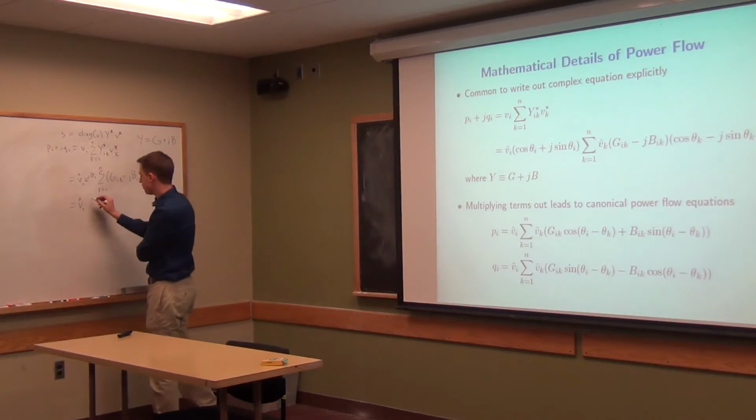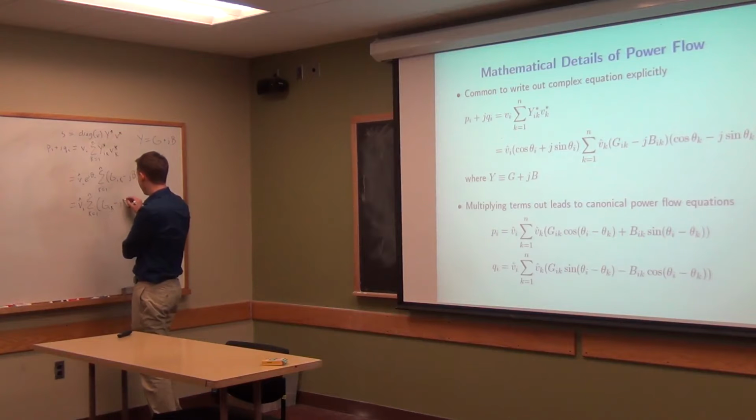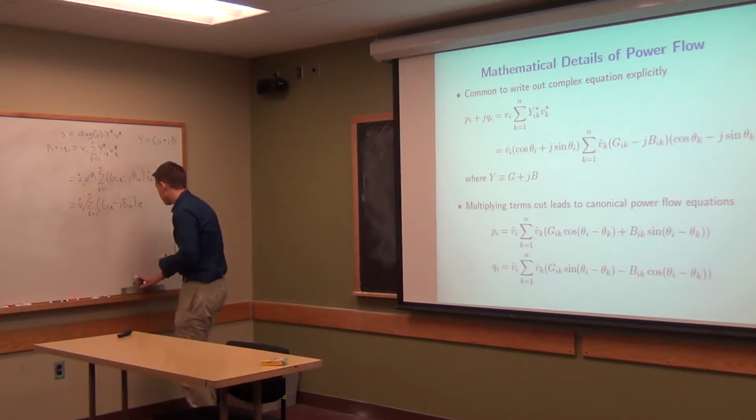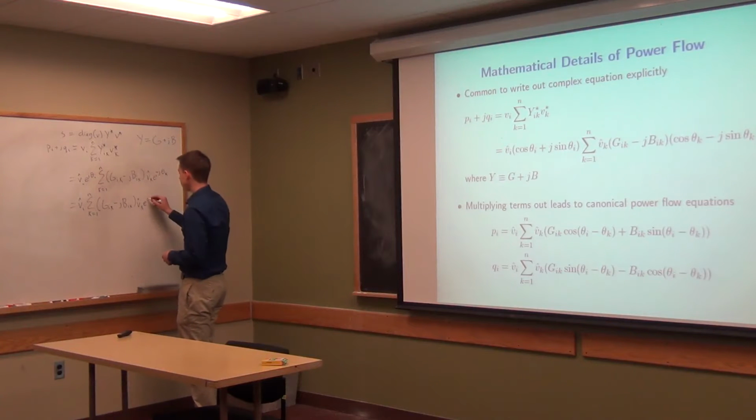So this equals v hat i times the sum of k equals 1 to n of (g_ik minus j b_ik) times v hat k e to the j, theta i minus theta k.